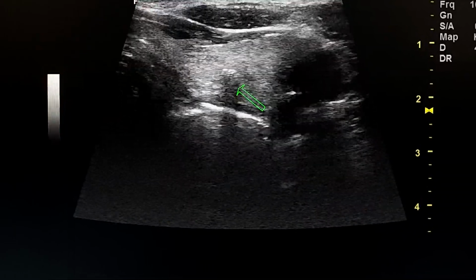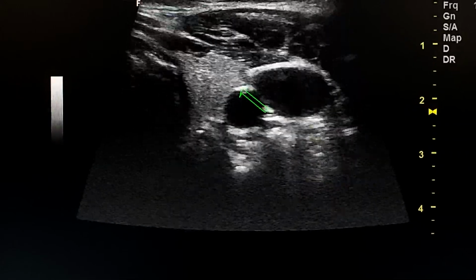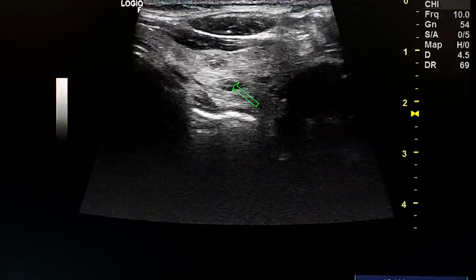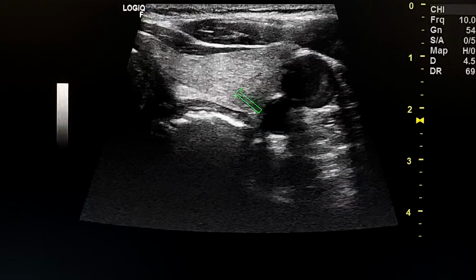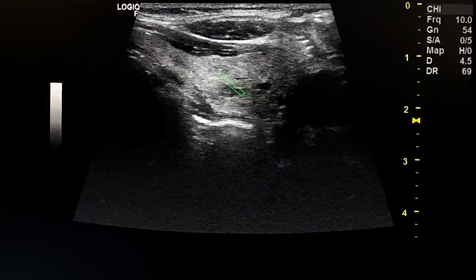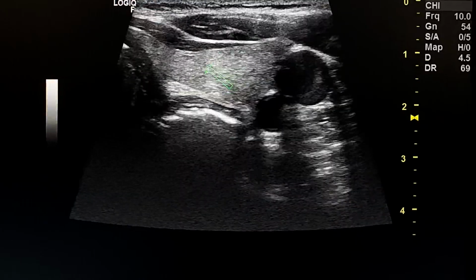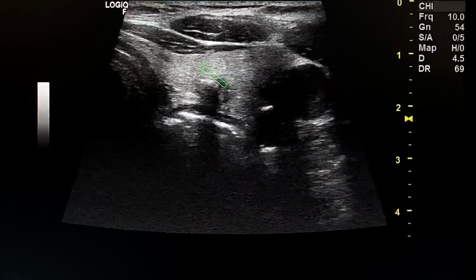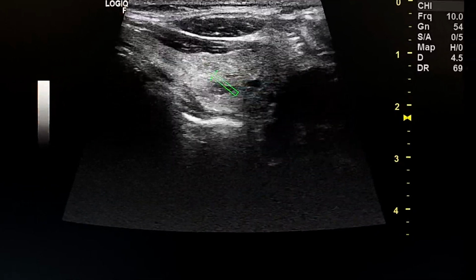Here we see the thyroid gland left lobe, and we see that the size is nearly normal with some sub-millimeter nodules.